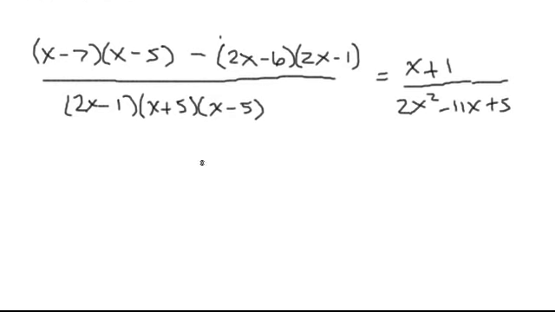So I think what we're going to do now is I'm going to go ahead and multiply out this stuff up here. So x times x is x squared minus 5x minus 7x, and then negative 7, so that's going to be positive 35.